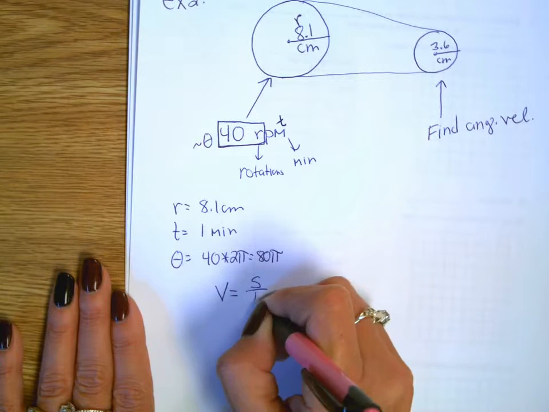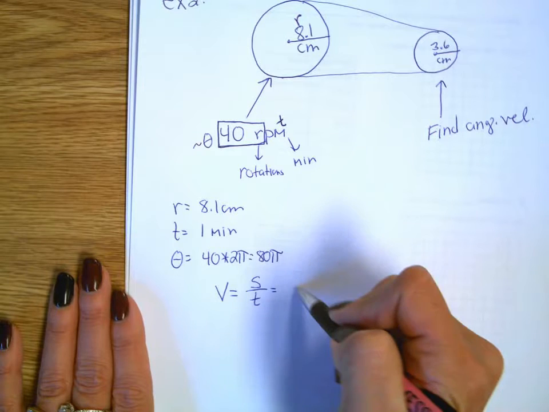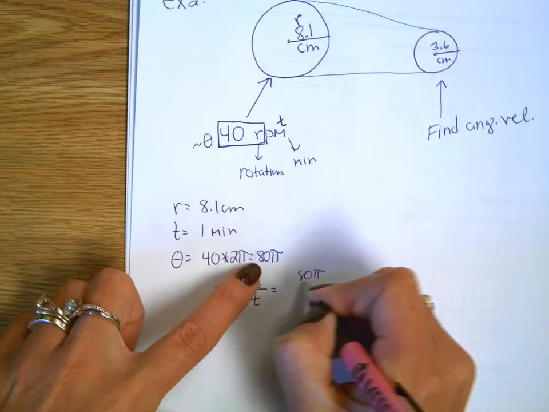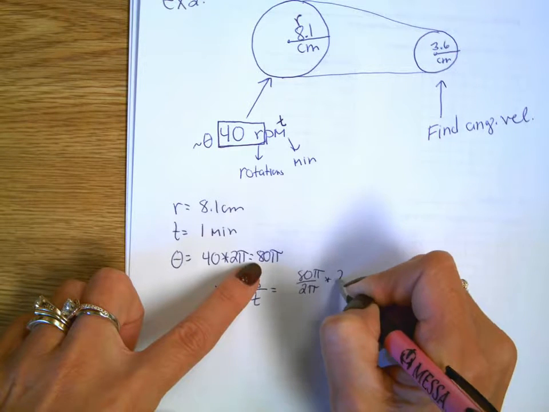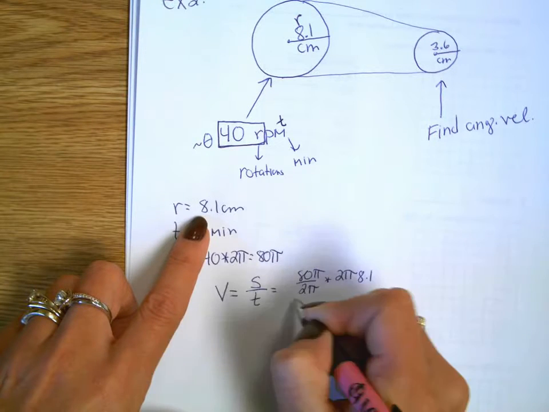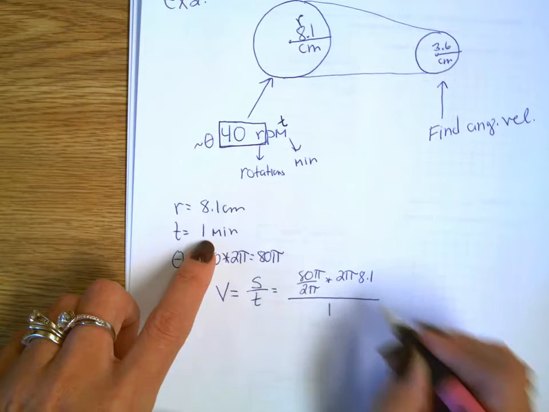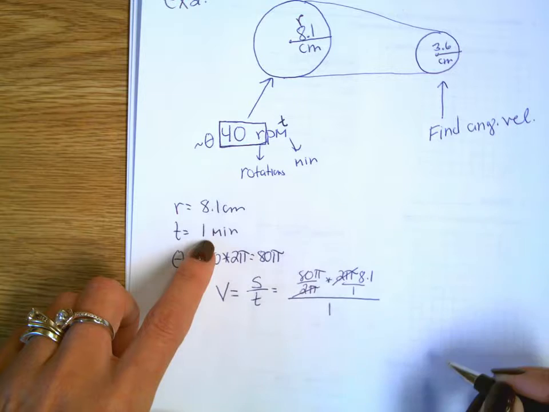Now I'm ready for plug and chug. I'm going to go with the F over T. To get the arc length, it's the fraction of the circle, which is 80 pi divided by 2 pi times circumference, 2 pi r, all divided by 1. 2 pi's cancel.